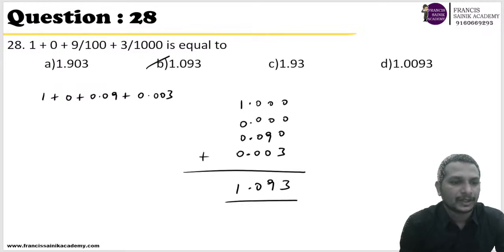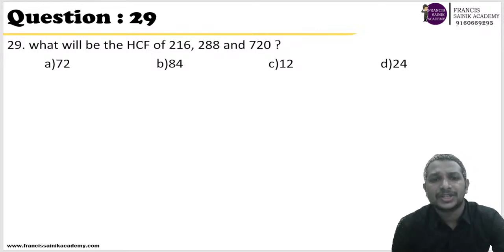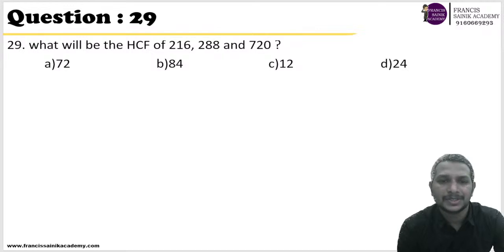Next, HCF of 16, 88, 700. There are many ways to do HCF, using prime factorization, or the option method, dividing all the 3 numbers. HCF means highest common factor. Divide all the 3 numbers. So all this means it's clear. In lesser time, take the first option.